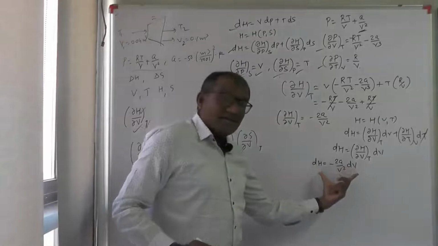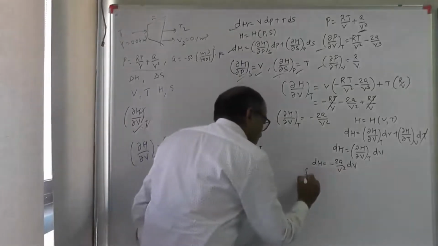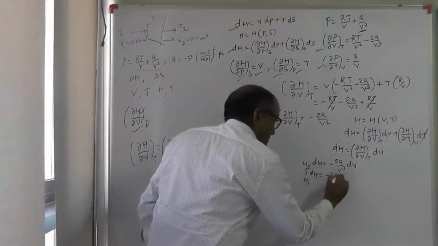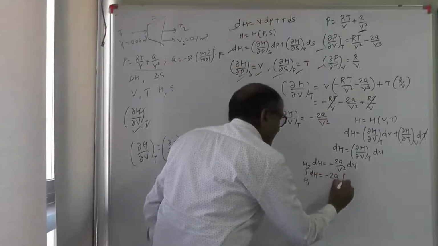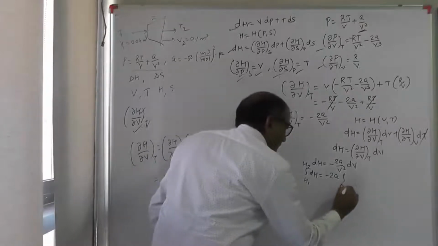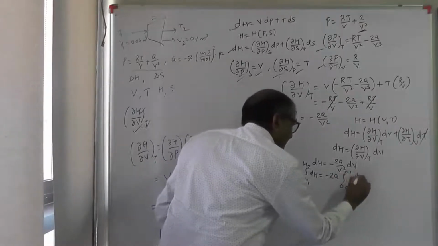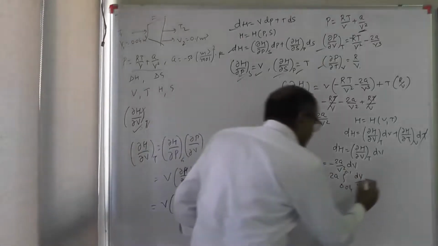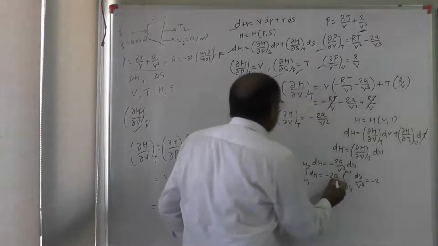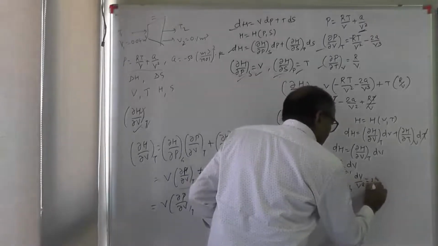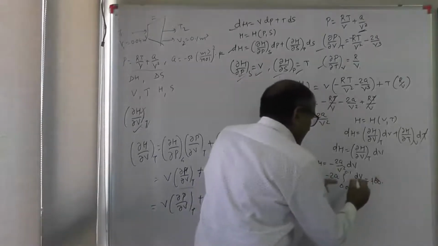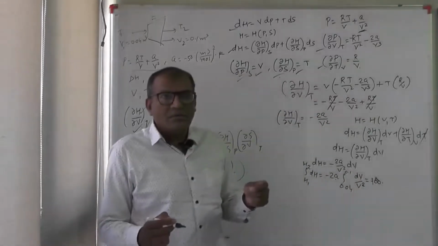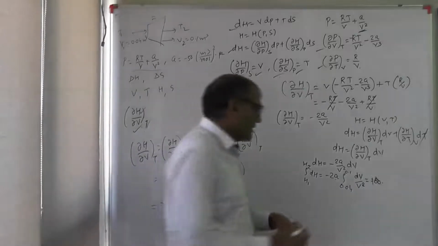If I integrate this equation from H1 to H2, and minus 2A is constant, it is V1, that is 0.04 to 0.1, dV upon V square. If I integrate this equation, minus 2 into A is minus 50, so it would be plus 100 into the integration of this part, V raised to minus 2, the integration is V raised to minus 1 upon minus 1.